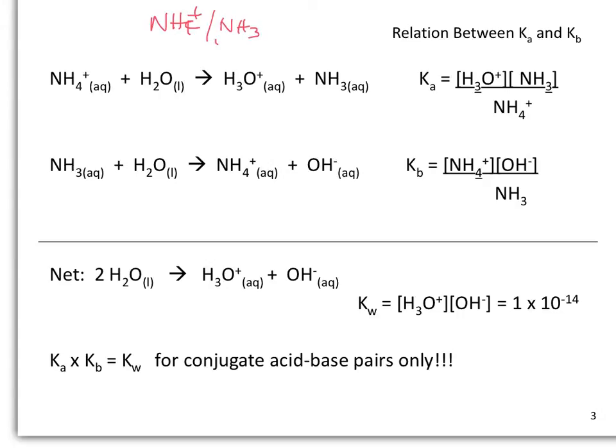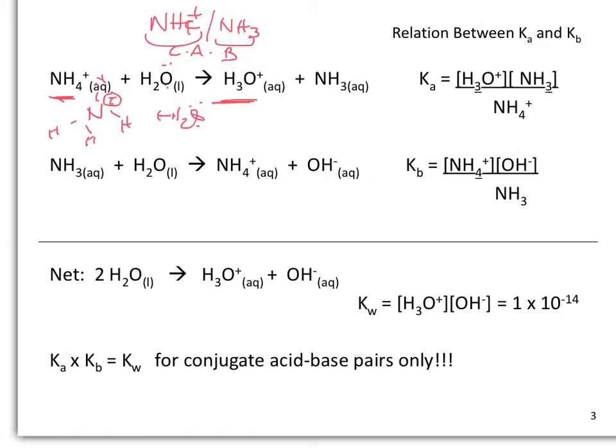Hopefully you can see that ammonia is your base, and when it accepts a proton, it generates the conjugate acid. That conjugate acid has the capability to react with water and generate hydronium ion and loses that proton. So what happens is that water basically relieves the ammonium ion of the positive charge.